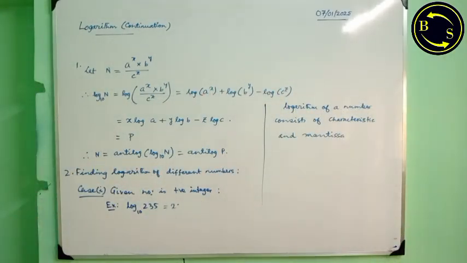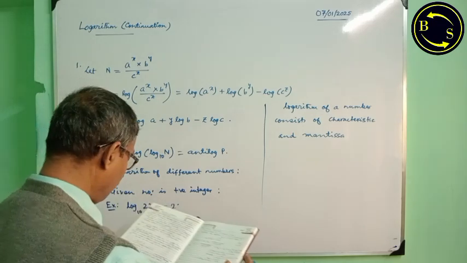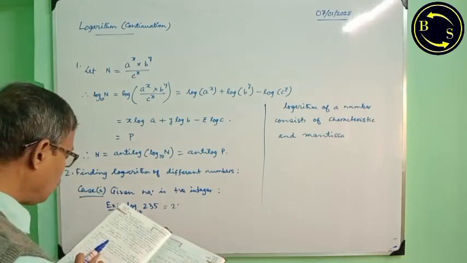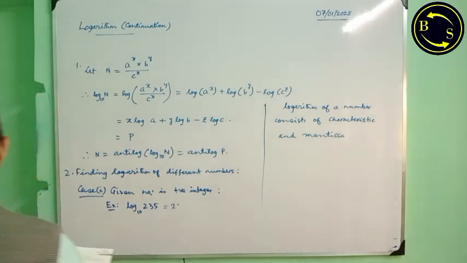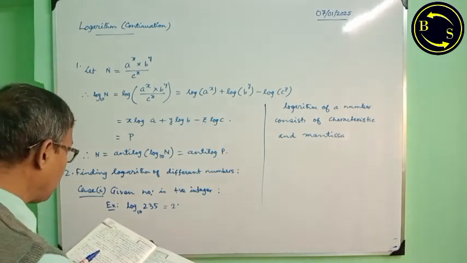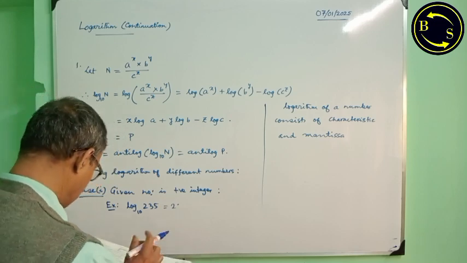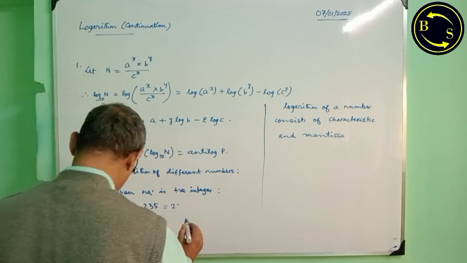Then from this log table, the row headed by 23, then the number below 5, column having 5, we write that it is 3711.